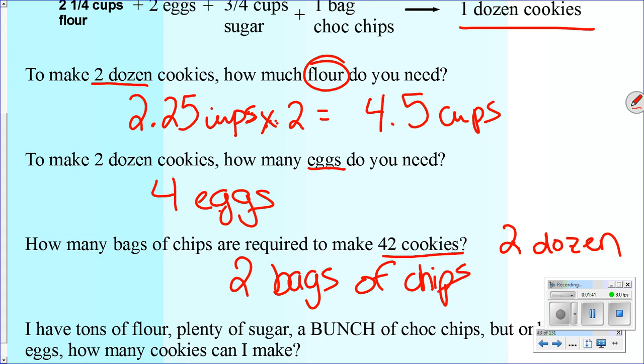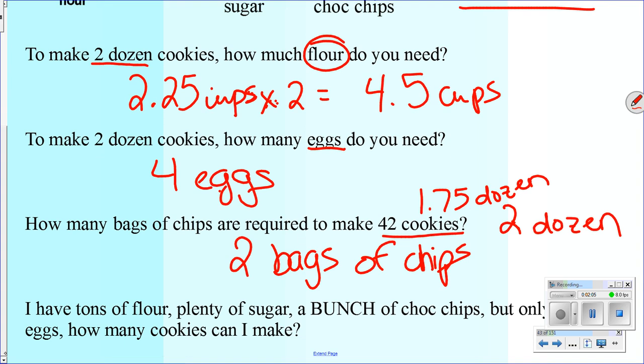If we just really truly wanted to make 42, we could say, hey, 42 cookies is 3.5 dozen, so we use 3.5 bags of chocolate chips.